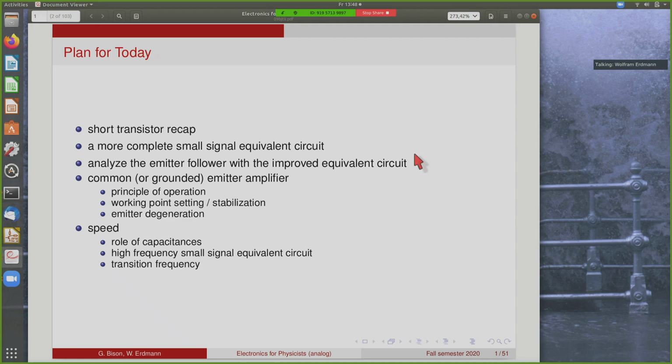We'll go through the principle of operation and then details of working point setting and the so-called emitter degeneration. Finally, we discuss the speed of such circuits, while up to there we mostly only looked at DC behavior. We'll discuss the role of junction capacitances inside the transistor and construct a high-frequency small signal equivalent circuit.